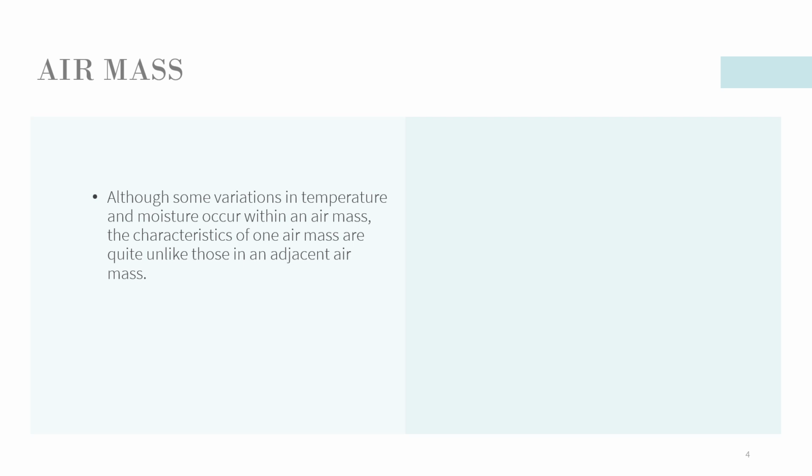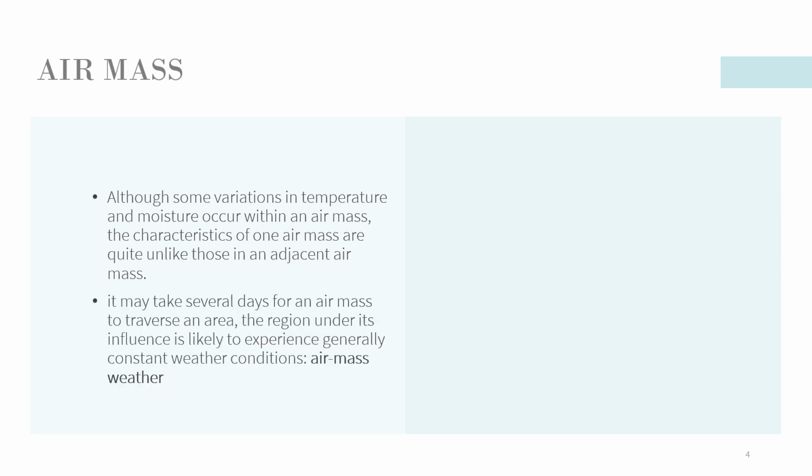And the characteristics of an air mass are not perfectly uniform, because these features blanket such a vast area, and consequently different locations under the influence of an air mass experience some differences in temperature and humidity. So it may take several days for an air mass to traverse an area. That means the region under its influence is likely to experience generally constant weather conditions, and that is what we call the air mass weather.